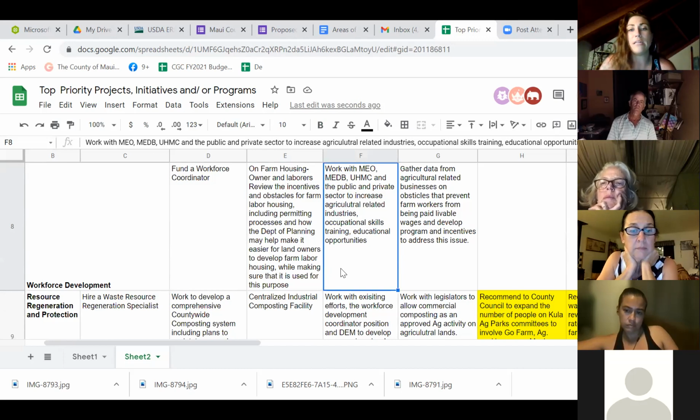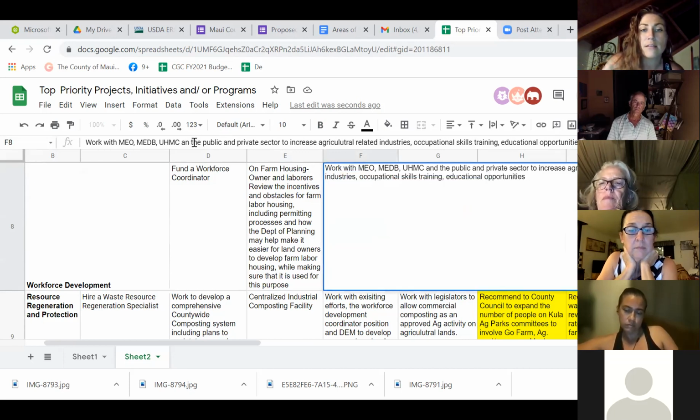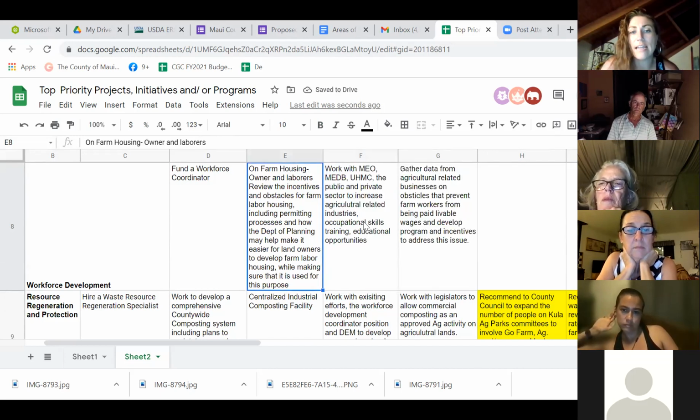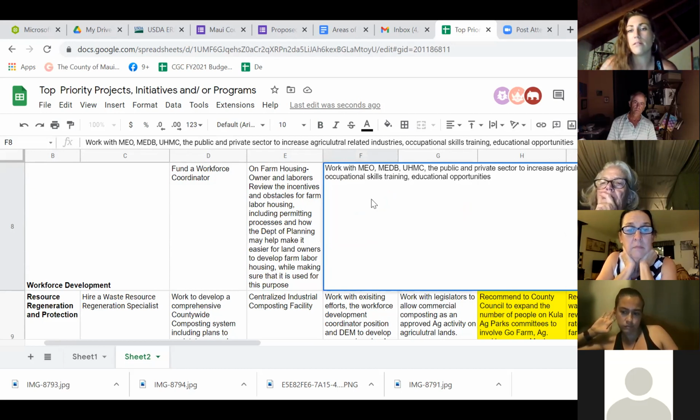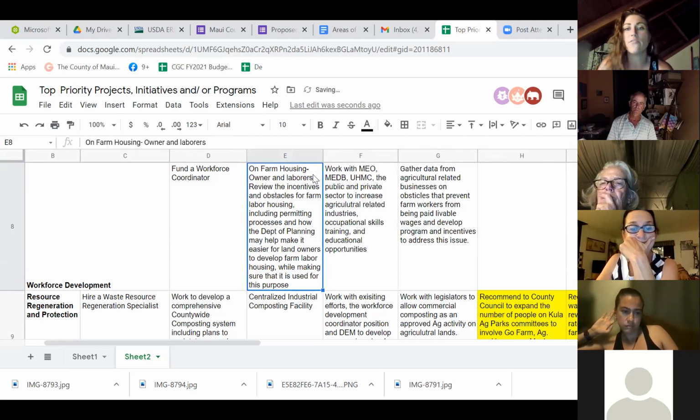Work with MEO, MEDB, and UHMC and the public and private sector to increase agricultural related industries, occupational skills, training and educational opportunities. And then gather data from agricultural related businesses on obstacles that prevent farm workers from being paid livable wages and develop programs and incentives to address this issue.